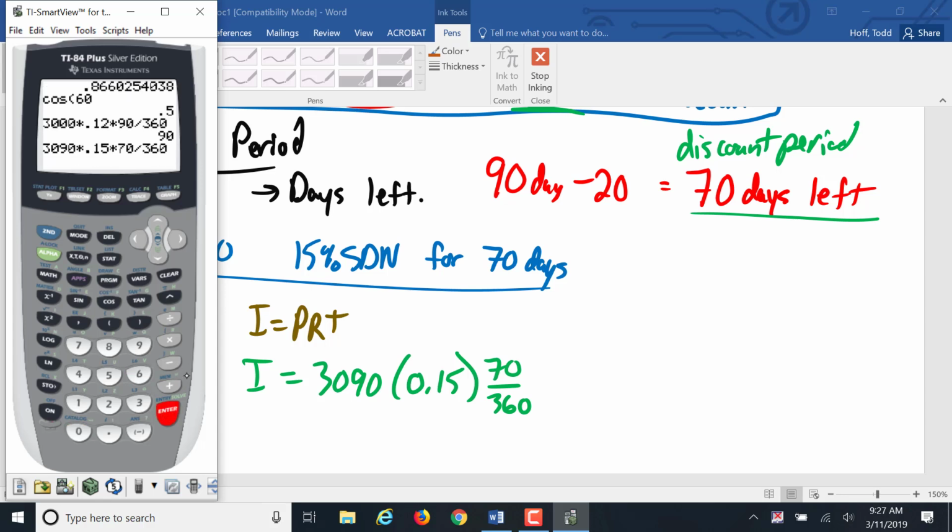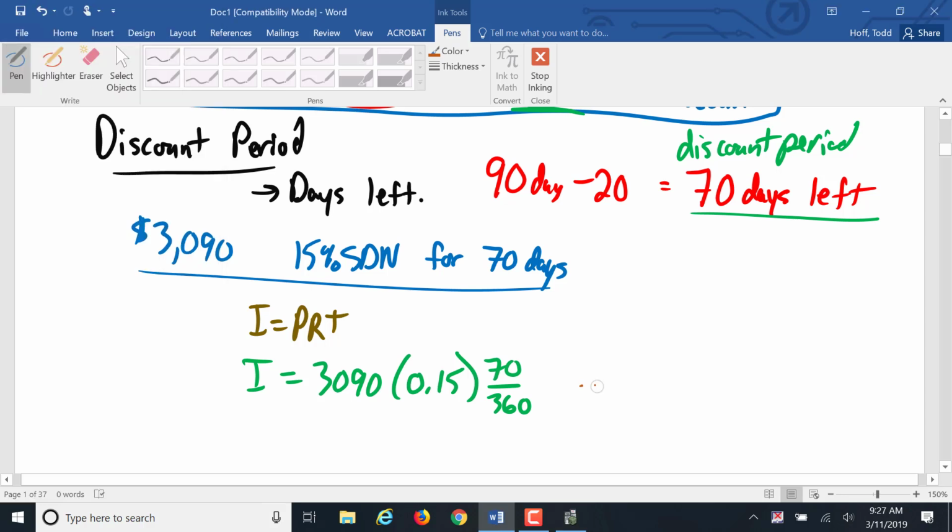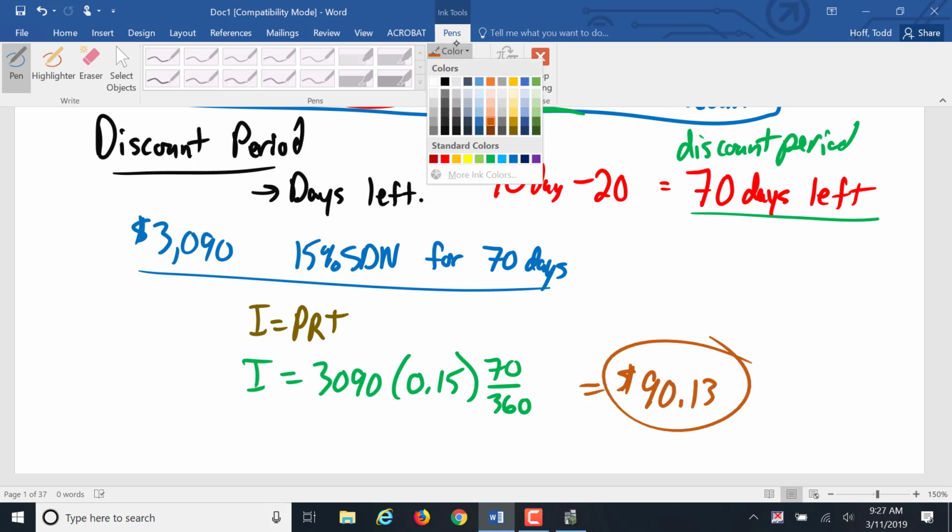Giving us interest or a discount of $90.13. So the bank is going to get $90.13 in interest in the form of that discount.